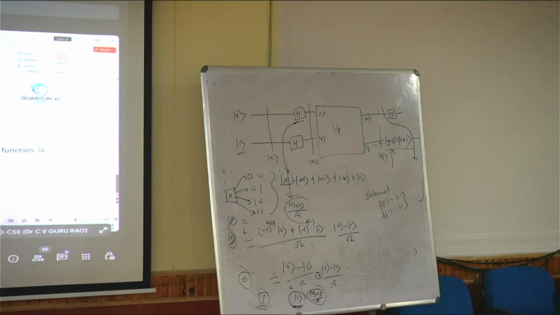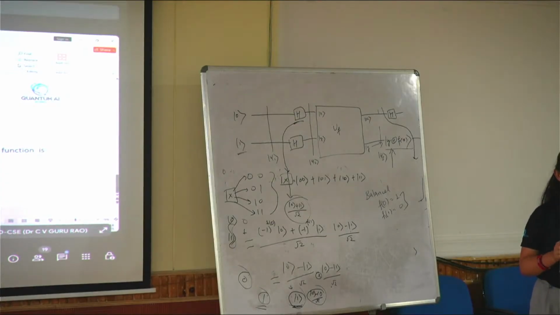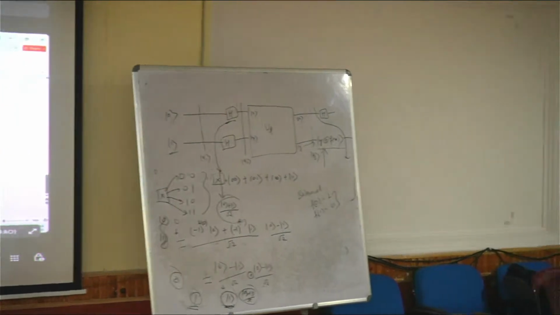I think I've gone into a lot of detail on this Deutsch algorithm. We need to work it out again, because then only we'll get to know really what gates we have to apply.